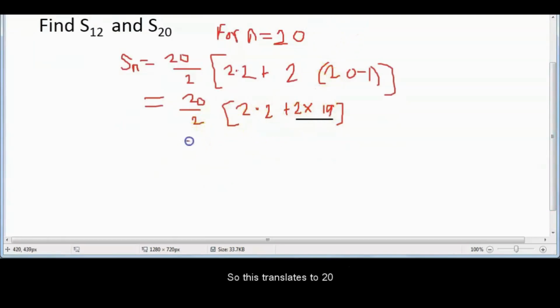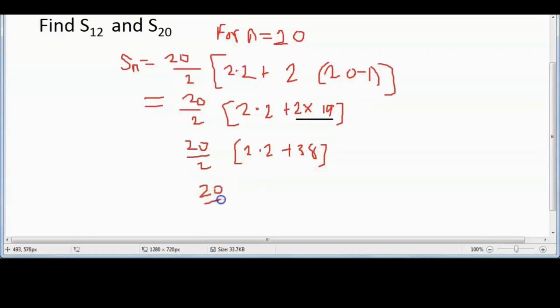So this translates to 20 over 2, parenthesis, 2.2 plus 38. 2 times 19 is 38. So I'm going to remove the parenthesis now.